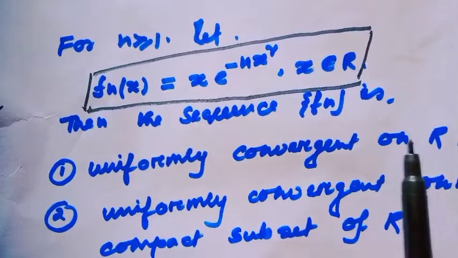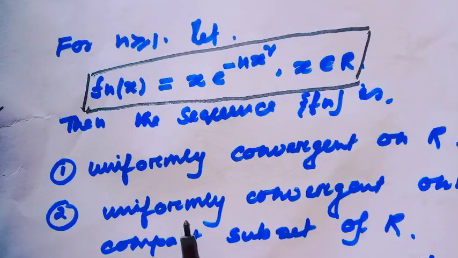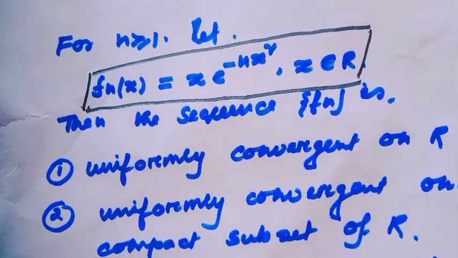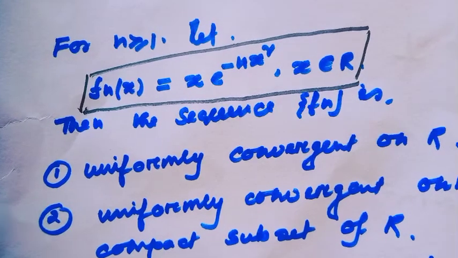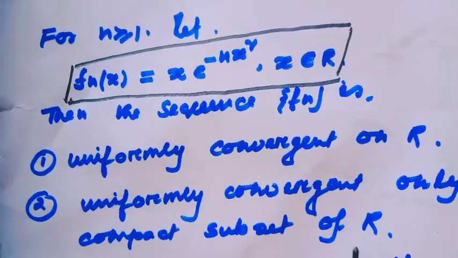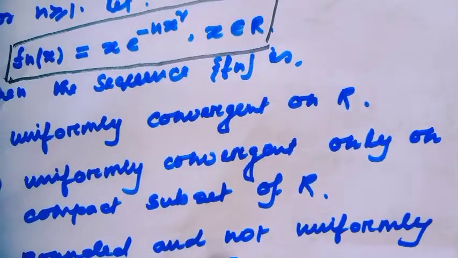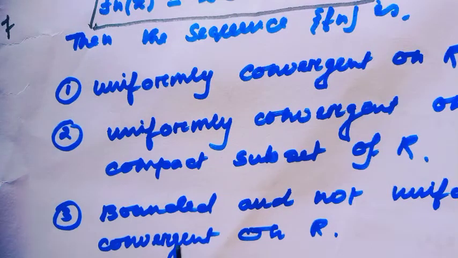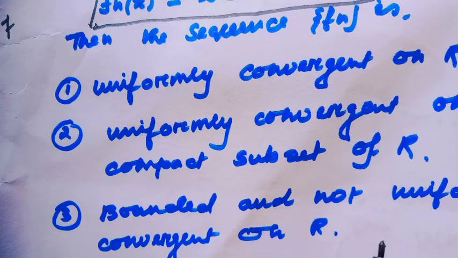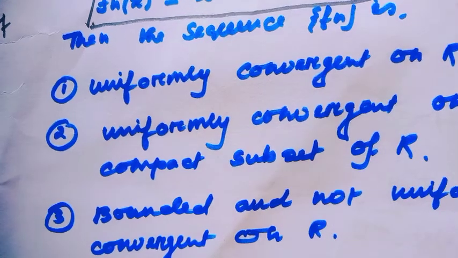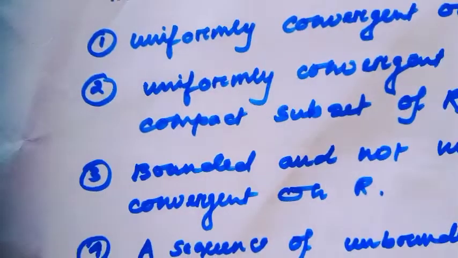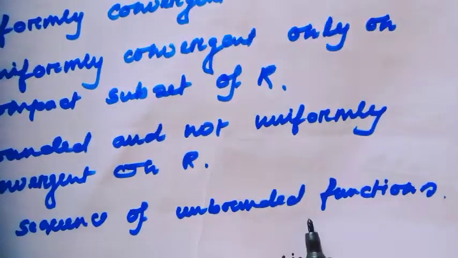Then the sequence f_n is option 1, uniformly convergent on R, option 2, uniformly convergent only on compact subsets of R, option 3, bounded and not uniformly convergent on the set R, option 4, a sequence of unbounded functions.